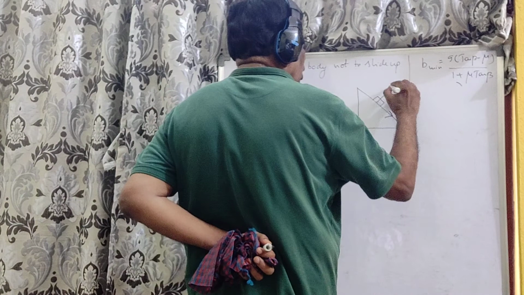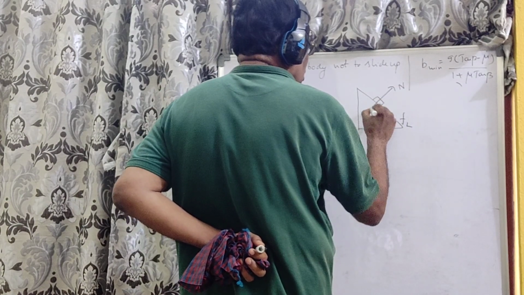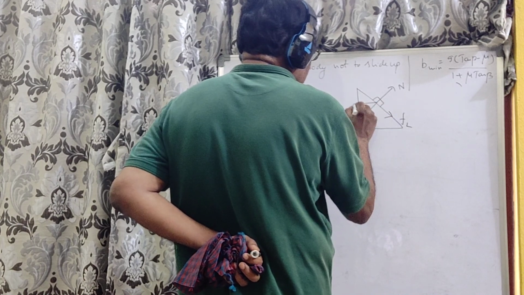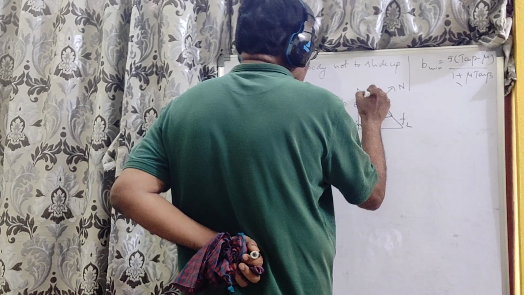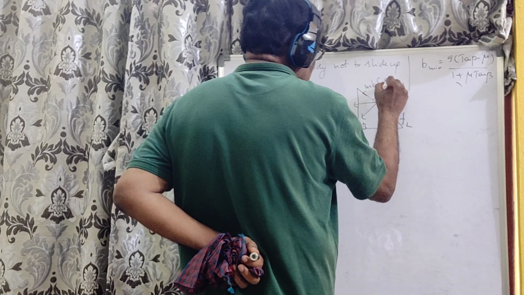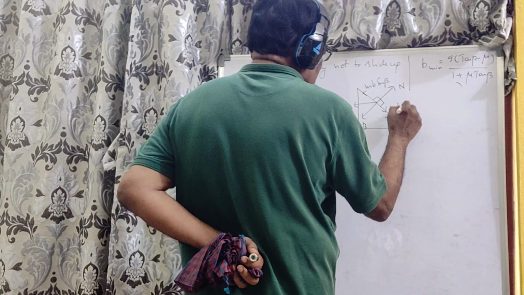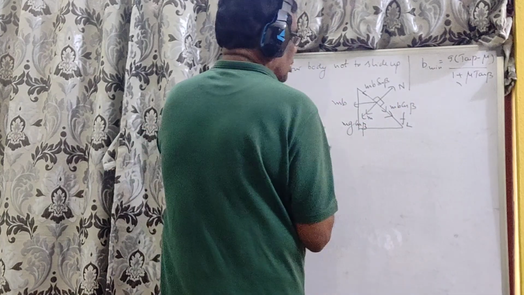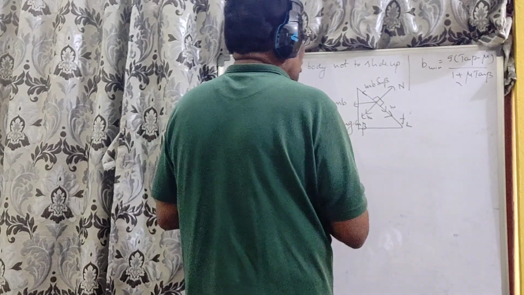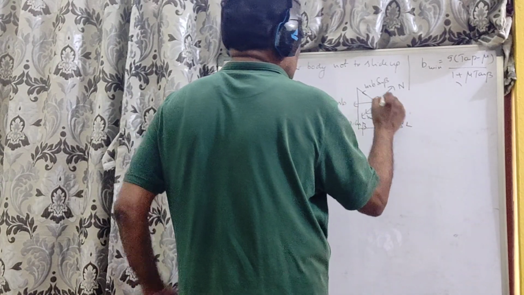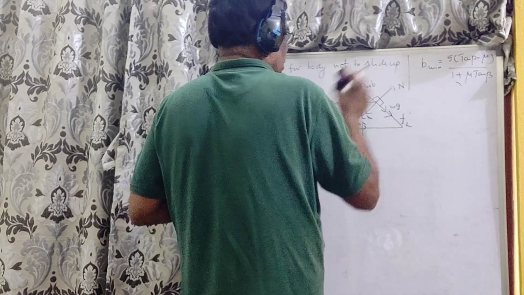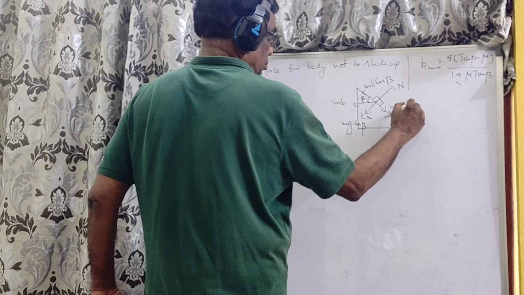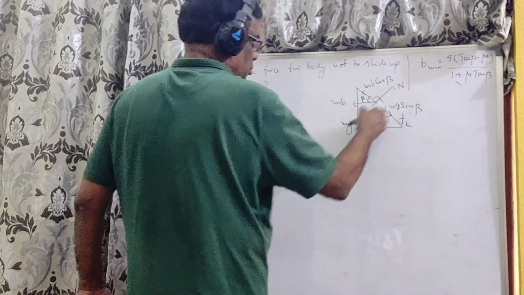So I've already got mg cos beta, mb sin beta, mb cos beta, sorry. This is mg sin beta, mg cos beta.